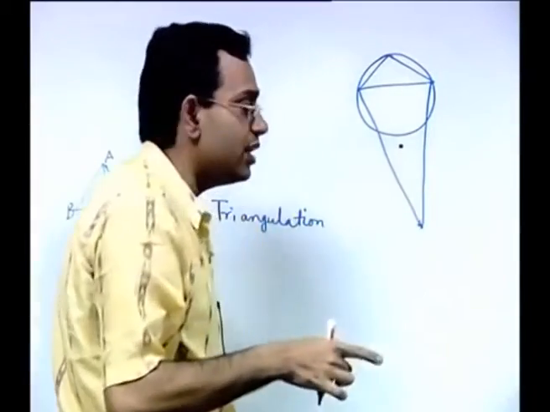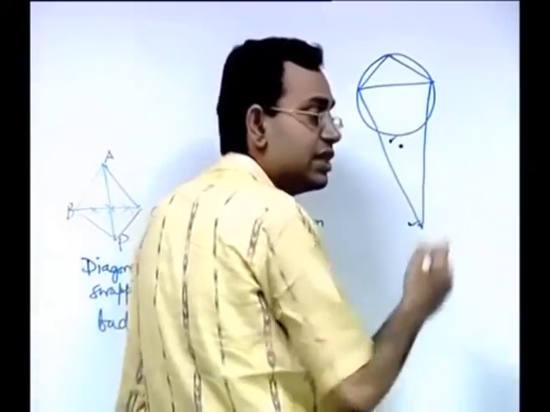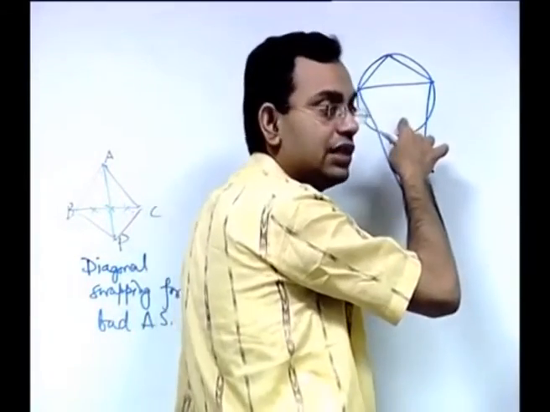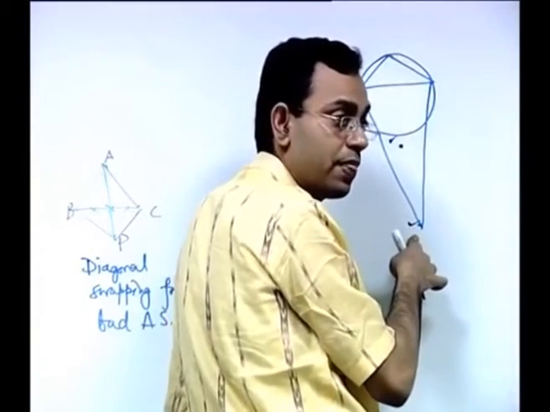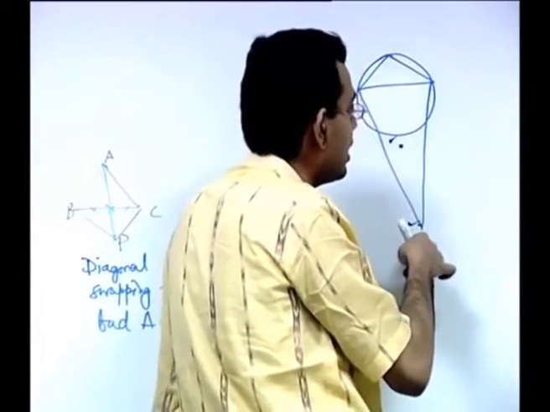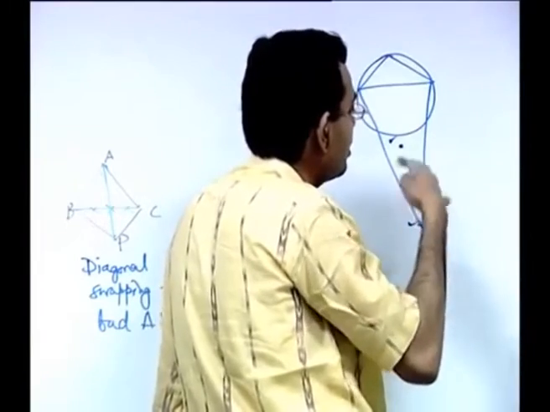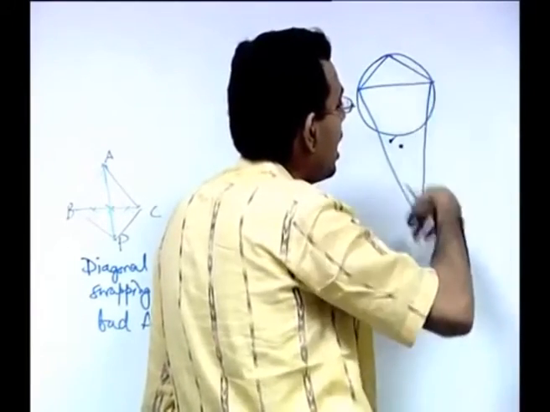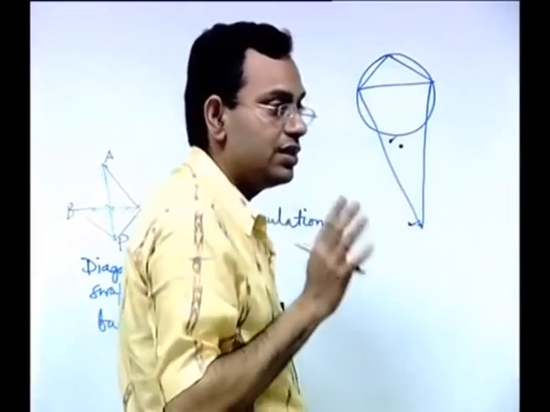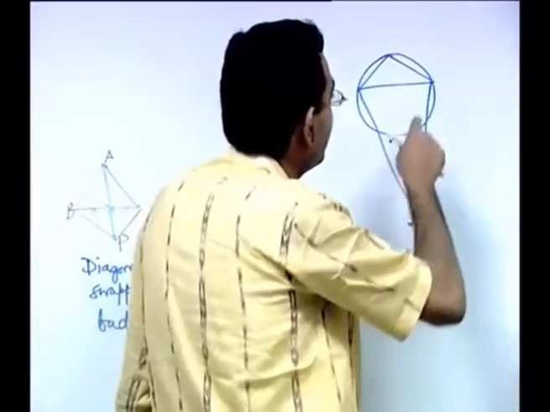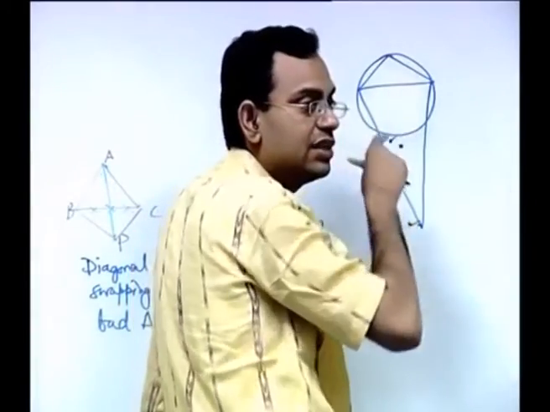But in reality you neither take this point nor this point, in reality you take the point arbitrarily. So it may be at a large distance, no problem. Why? Because even if it is at a large distance, you are not scared of having a large triangle, because you may divide it again into small triangles. So the circumcircle is not initially there in your mind.